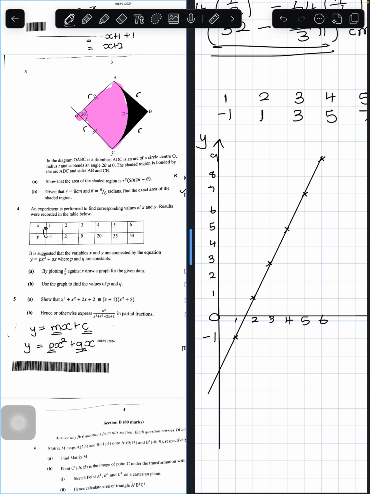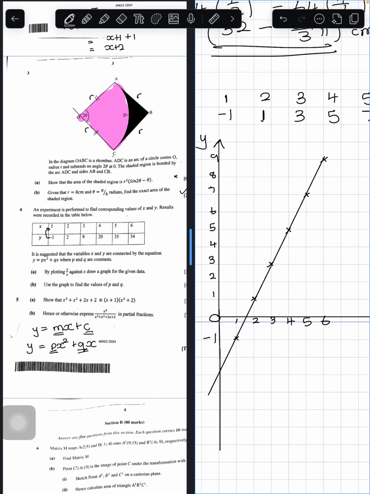So what is our intercept? Let's first identify our y-intercept. The y-intercept is where the graph is cutting the y-axis. So where is our graph cutting the y-axis? It's cutting our y-axis right at this point.